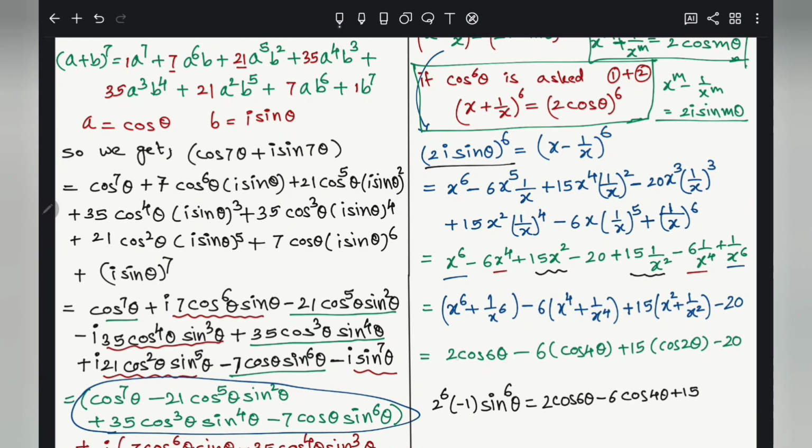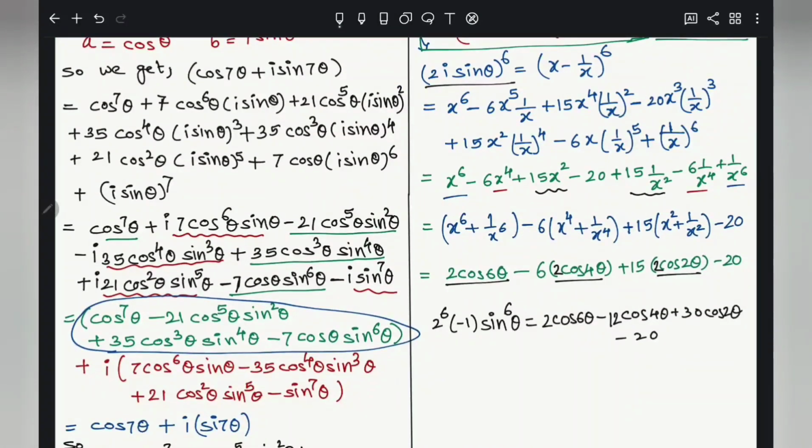You see here everywhere I should write 2 and 2. Okay, we are getting 2 times cos 6 theta, 2 times 2 times, so it will be 12 cos 4 theta, then 30 I must write, 30 cos 2 theta minus 20.